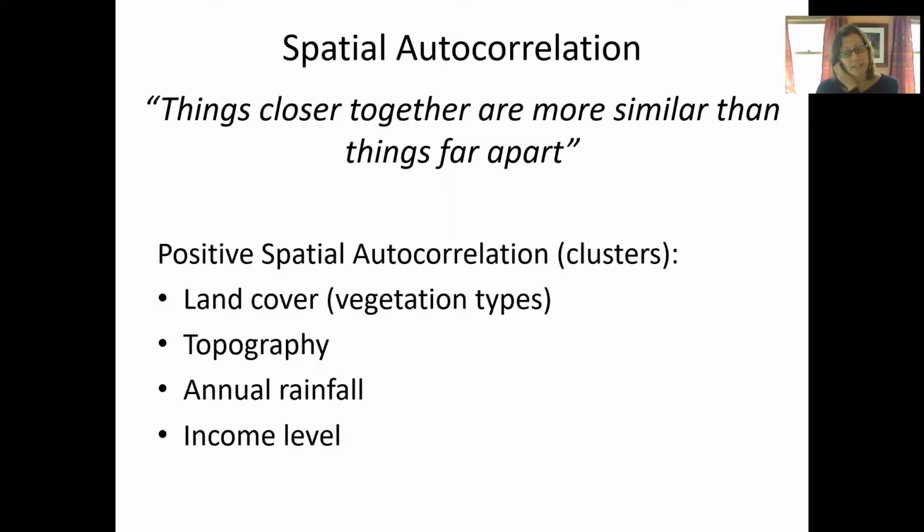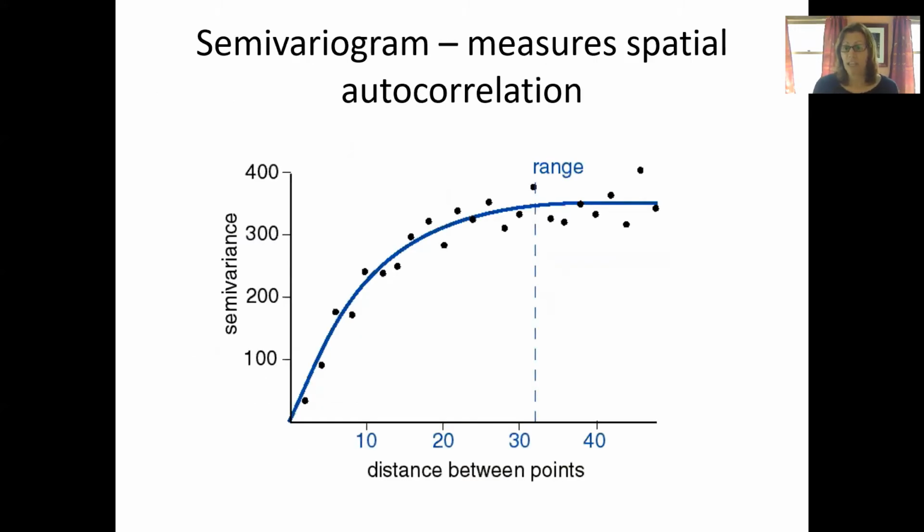So in GIS, and this is just to give you the information that such a thing exists, there is such a thing called a semi-variogram, which measures spatial autocorrelation. And basically what this does is semi-variance is basically the degree of error associated with or similarity between different points.